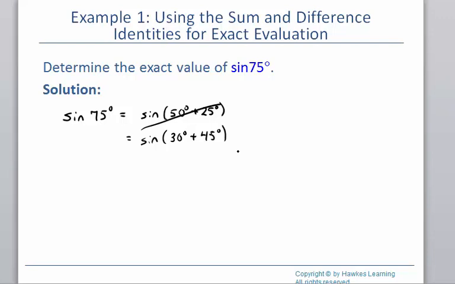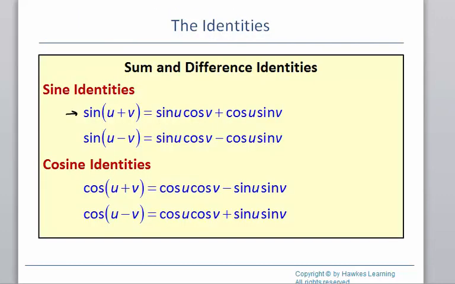Now, in order to work the problem, we have to go back and get our formula for the sum of two sine angles. And so I'm going to pull this formula to the other slide, and we're going to look at using that. So this formula says that the sine of u plus v is equal to sine u times cosine v plus cosine u times sine v.